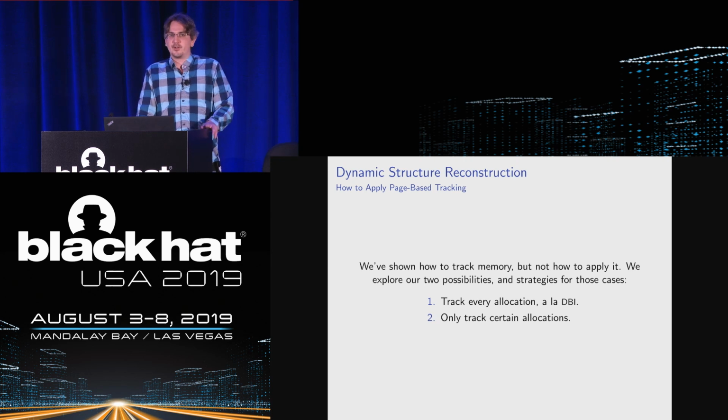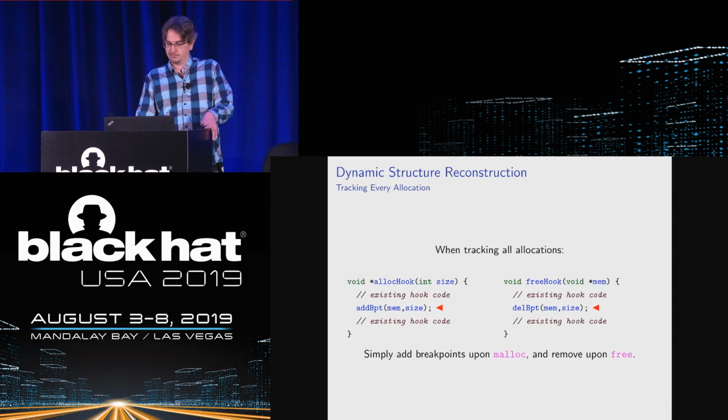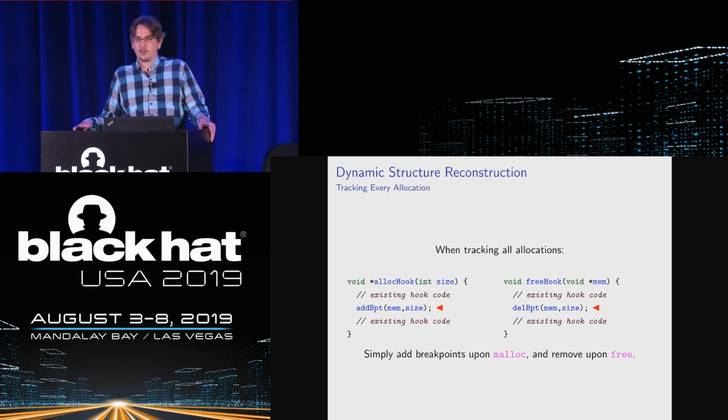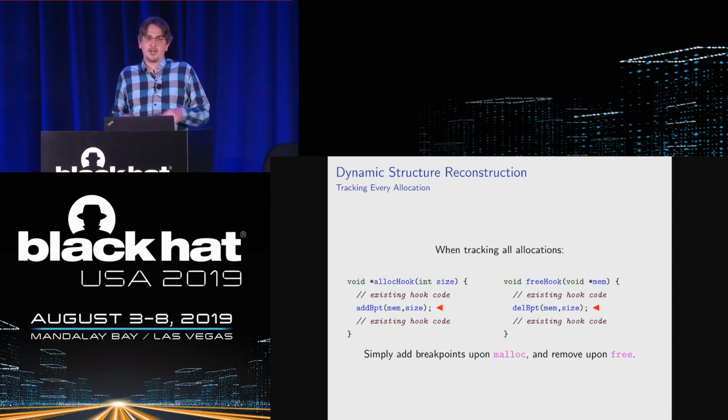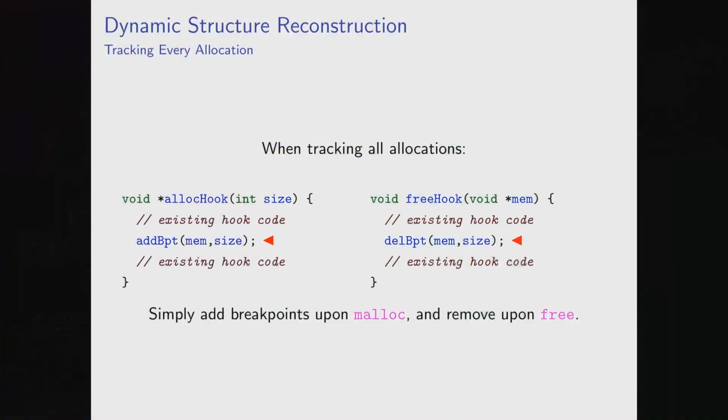So we could either go the DBI route and just track every allocation in the program, or perhaps we could track only certain allocations. If we're going the DBI route of just tracking everything in the program in one execution, then it's pretty simple to accommodate: we just add a breakpoint based on paging in the allocation hook, and in the free hook, we just remove that breakpoint.